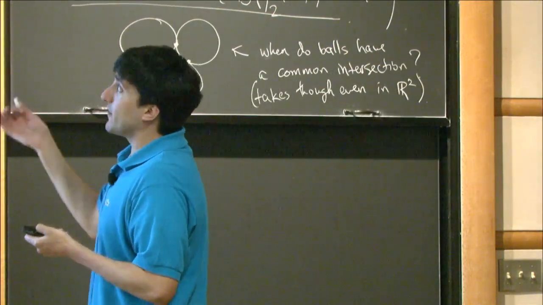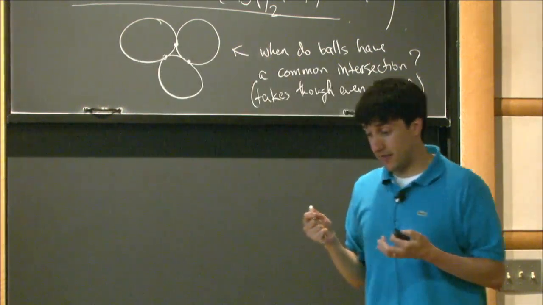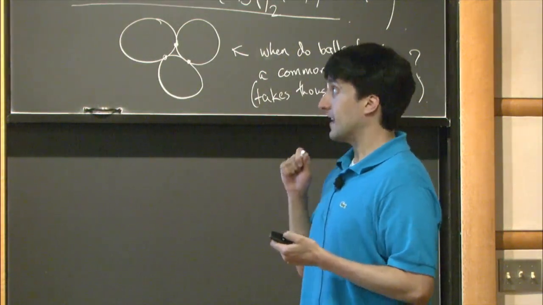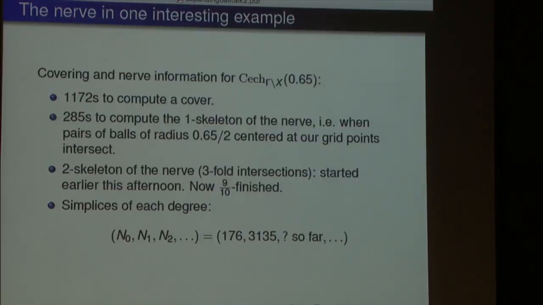Okay, so before I describe the algorithm for how in principle you can compute the Čech complex of a covering of a space of this type, I'll do a very fast review of how we actually build a covering of our manifold Γ\X in the first place, if for no other reason than to remind you of what the input into our algorithm for computing the higher skeleton of the nerve is going to look like.